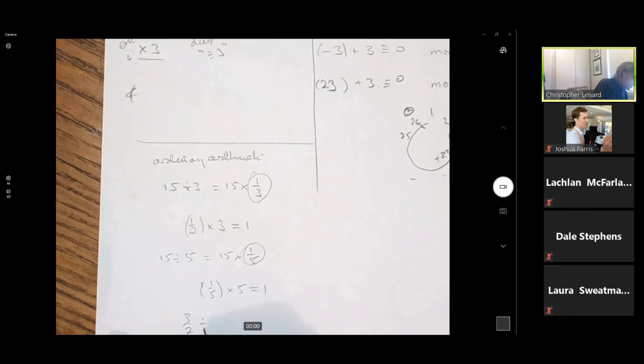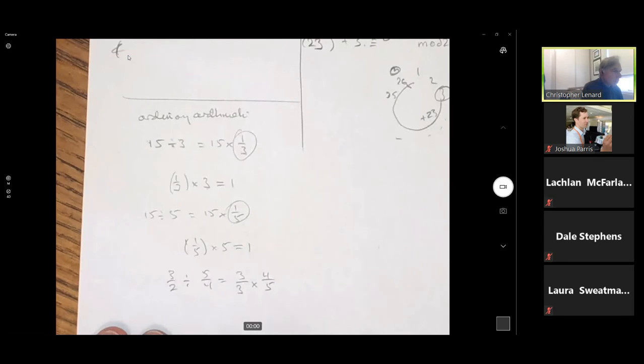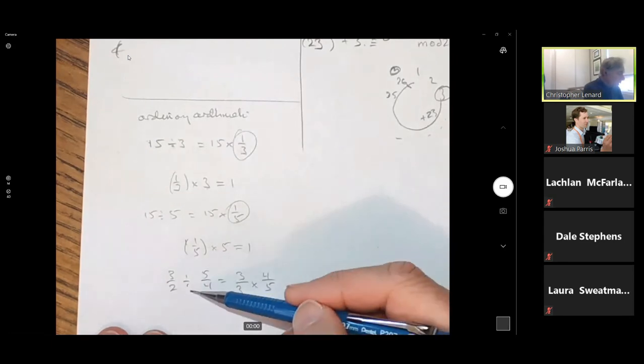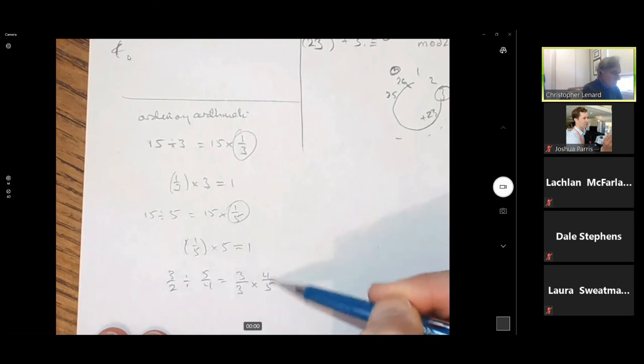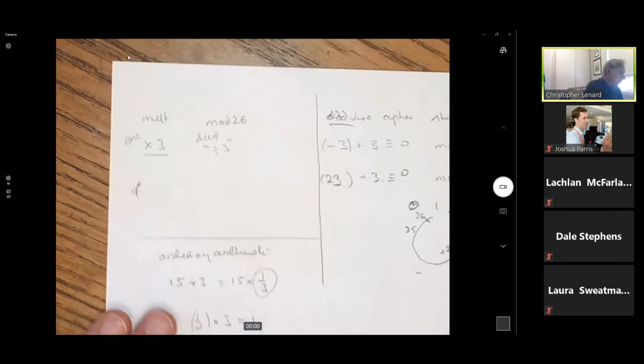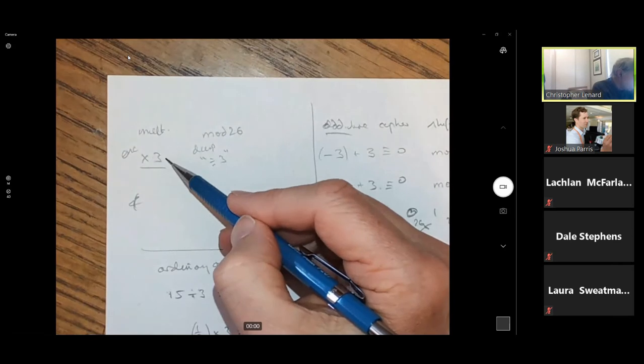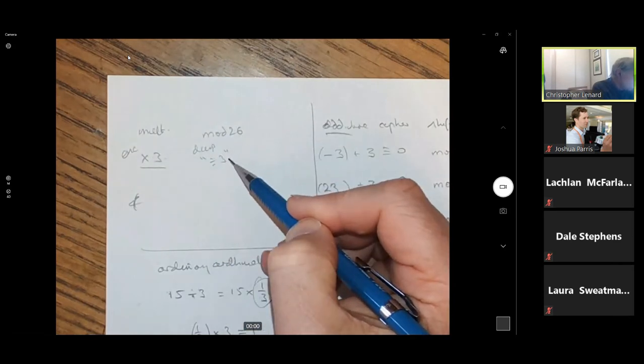3 halves divided by 5 quarters is the same thing as, remember our rules for fractions, 3 halves multiplied by the reciprocal. So dividing by something is equivalent to multiplying by something else. Encryption is multiply by 3. Decryption is divide by 3.